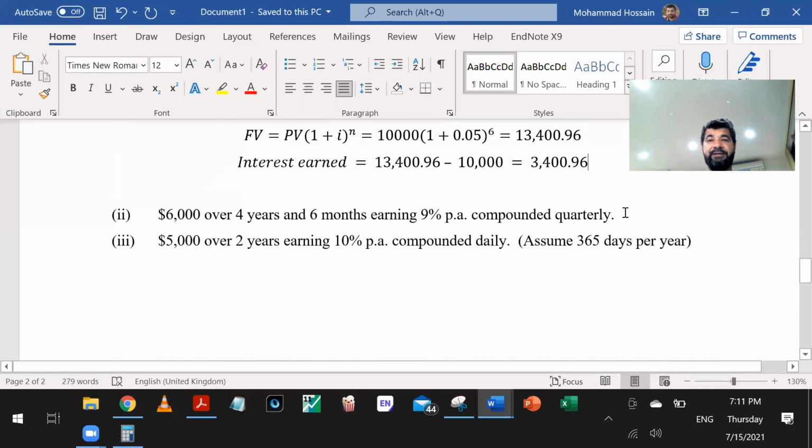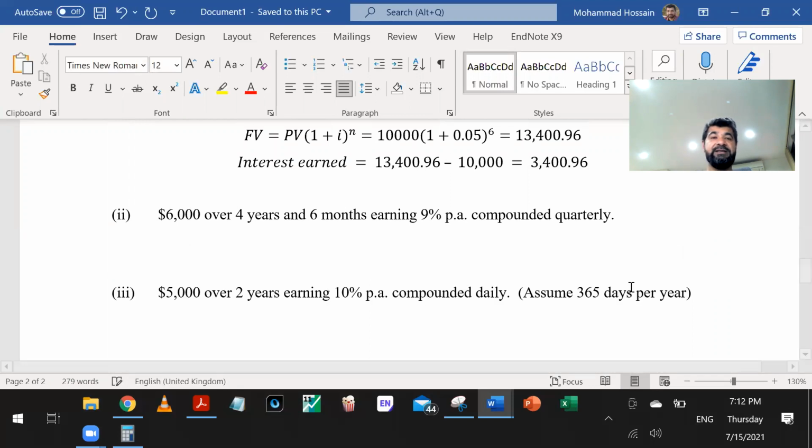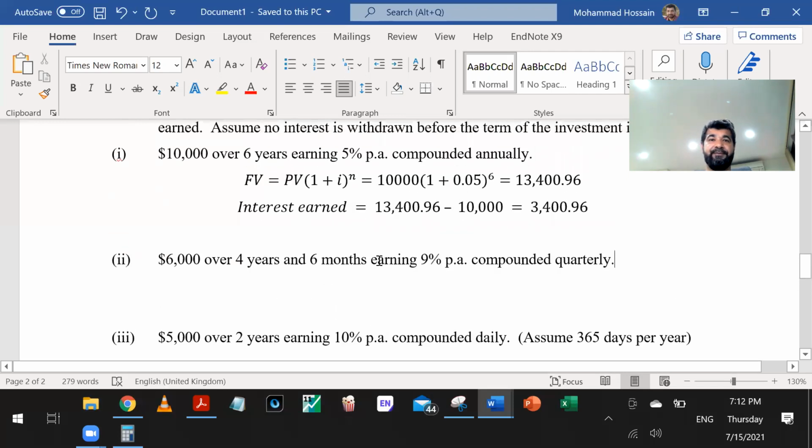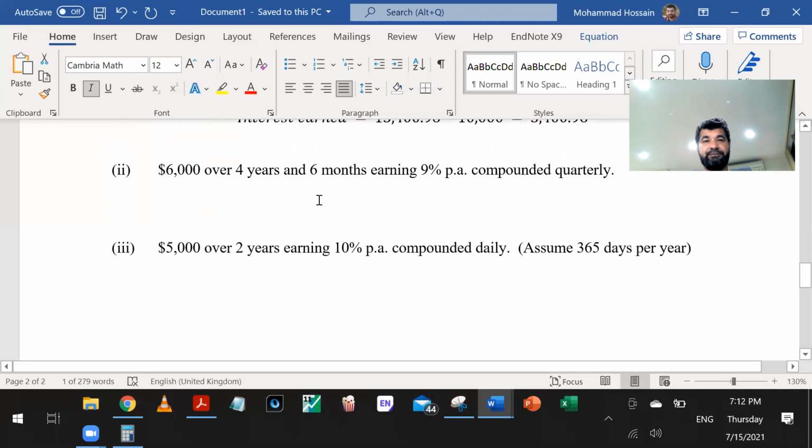All right. Number 2. 6,000 over 4 years, 6 months, earning 9% compounded quarterly. So we have to find out how many quarters are involved here. We're going to do this one now. Same formula, but we have to adjust MN here.